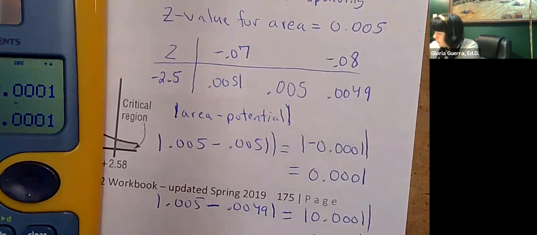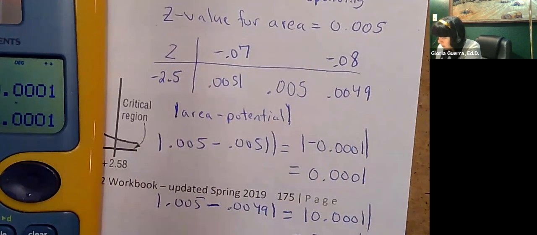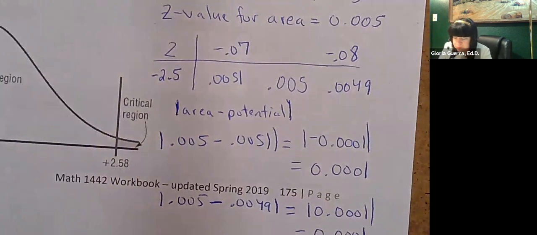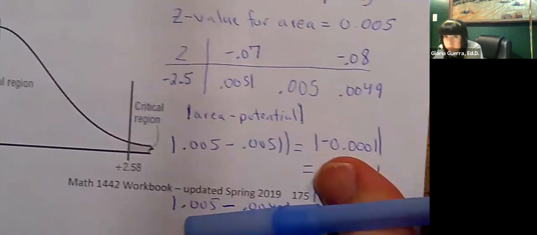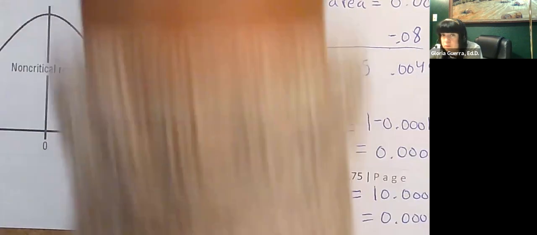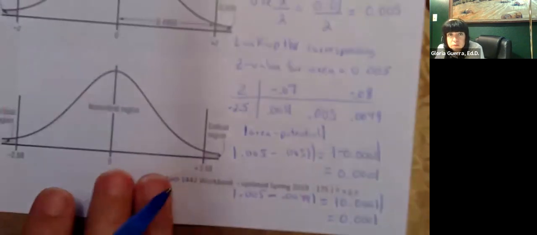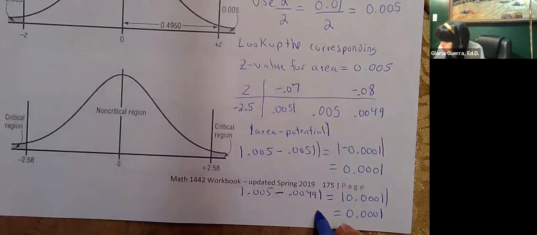Okay, and then you want to find the shortest distance. Oh, and then see how they're tied? These are tied. See how these are identical? And so what happens is, since, let me write this over here.